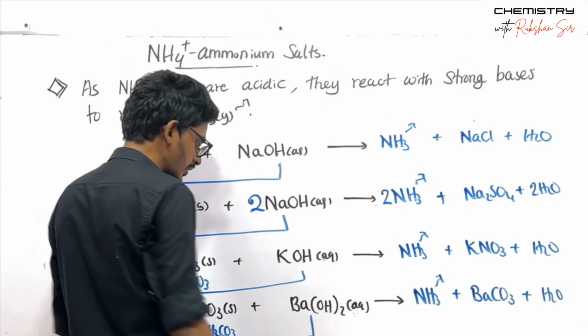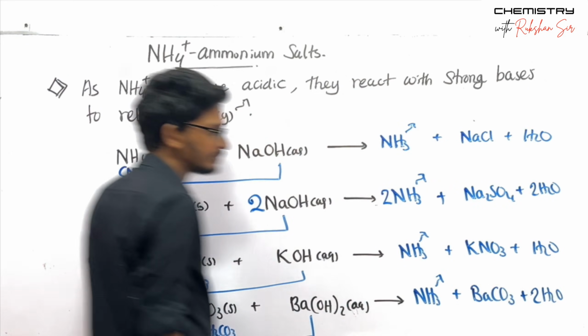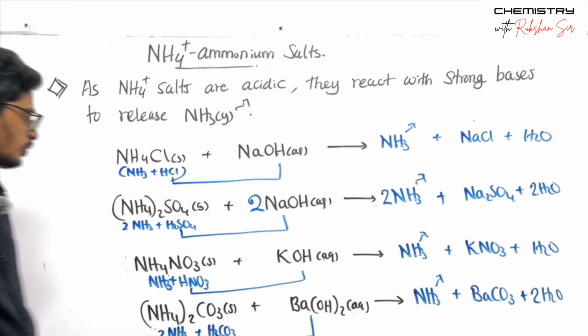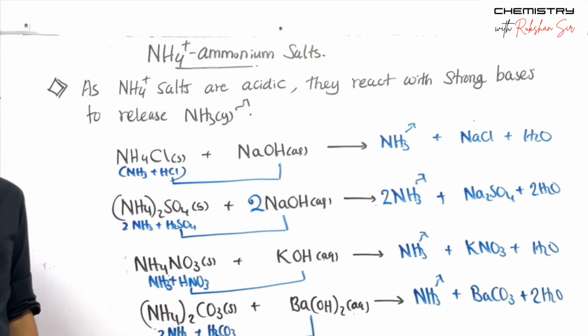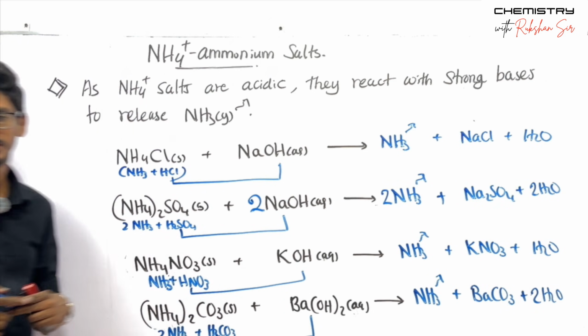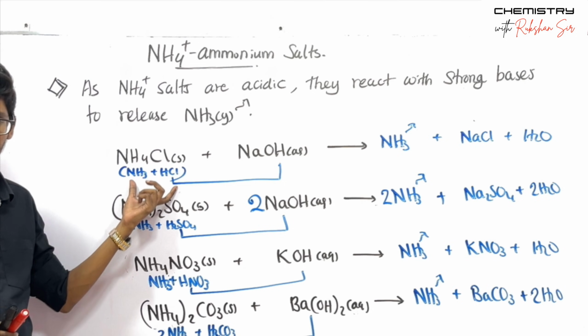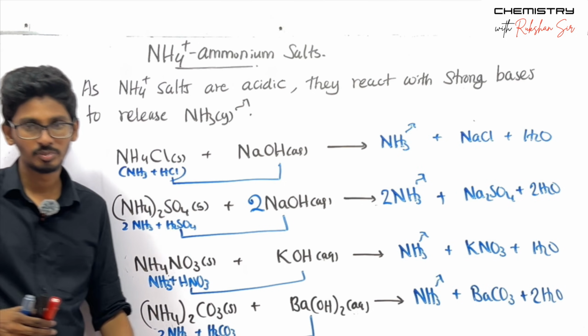Since these are dibasic acids, you need some 2s here. Very easy, nothing to worry. So writing reactions with ammonium salts becomes very easy if you see the ammonium salts as a combination of ammonia and the corresponding acid.